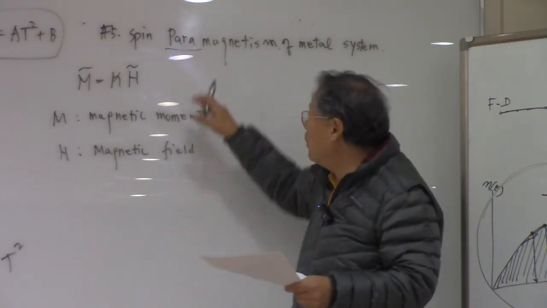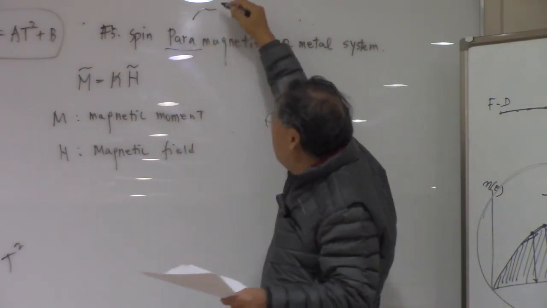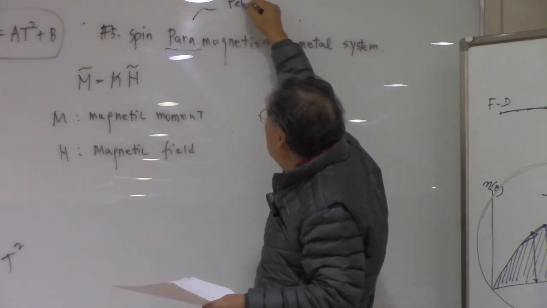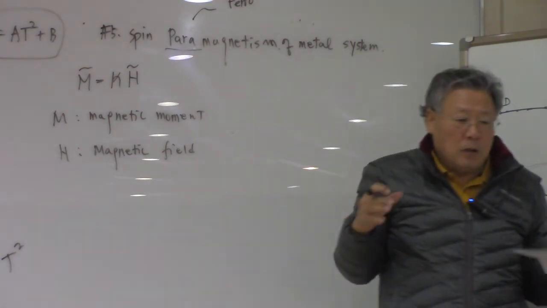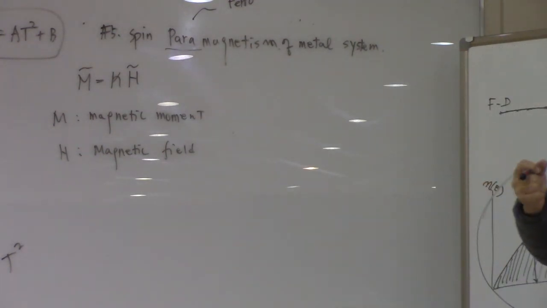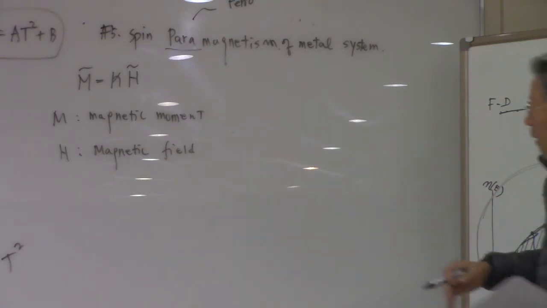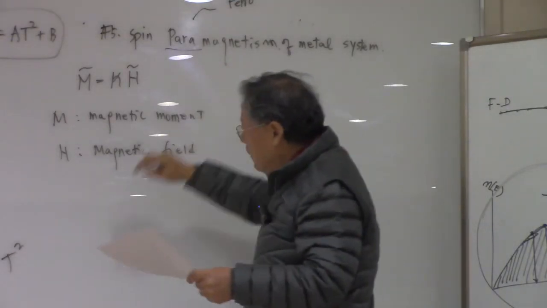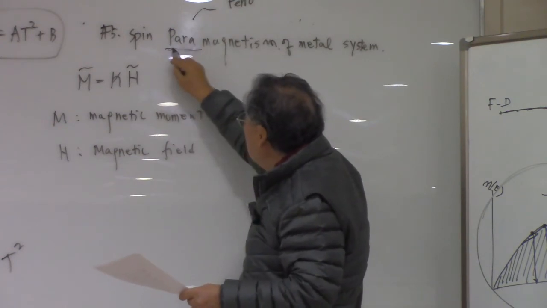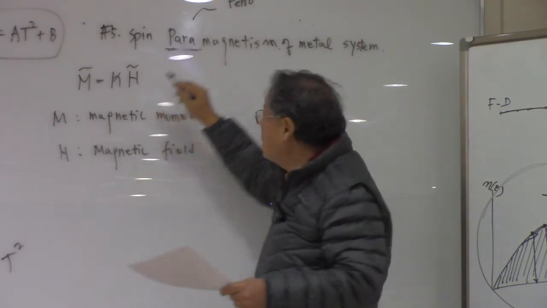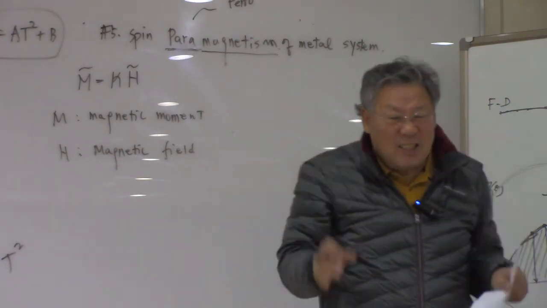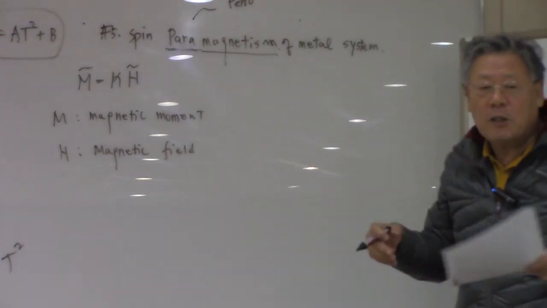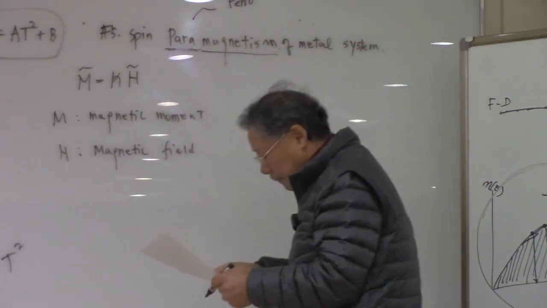The different thing is ferromagnetism, where the material can sustain its magnetic moment even after the application of the magnetic field is removed. Okay, we are talking about paramagnetism, and this paramagnetism is the magnetism that exists only when the external field is applied, right?